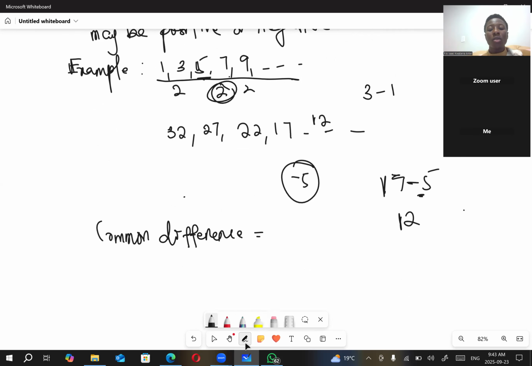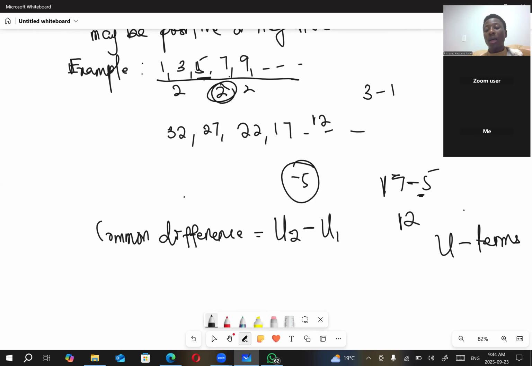So to get a common difference, you subtract the first term from the second term, U2 as in the second term. We'll talk about the notation soon. This U represents terms.